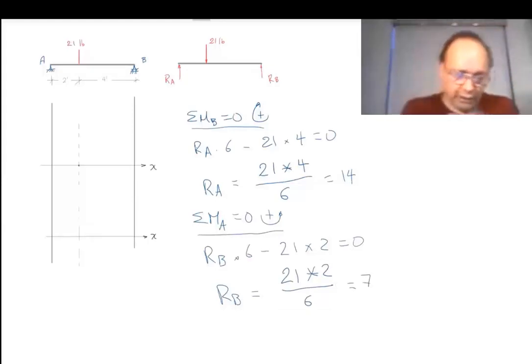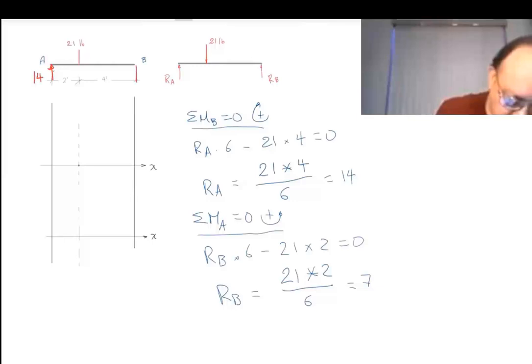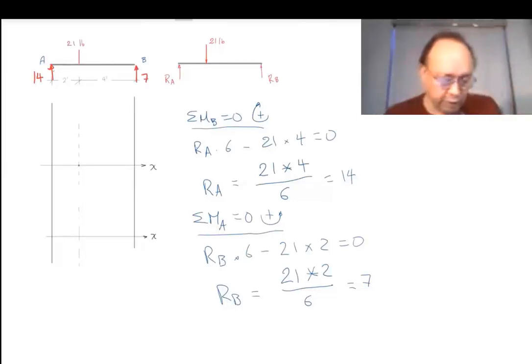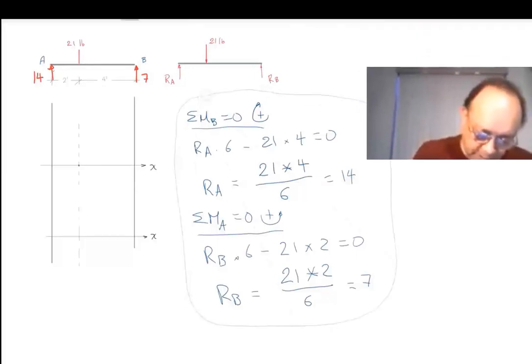I hope you got 7. If you allow me, I'm going to erase the supports here on the left in order to plot the reactions. So I have here a reaction of 14, and this one is 7 pounds, and we are ready to start.